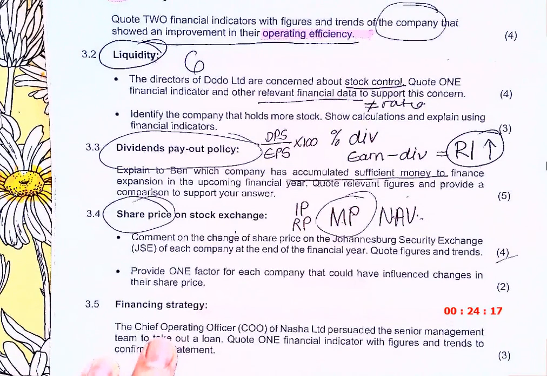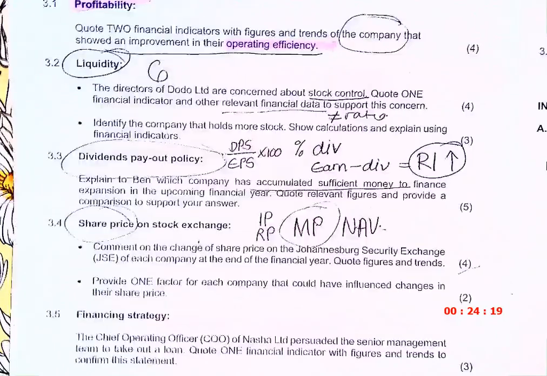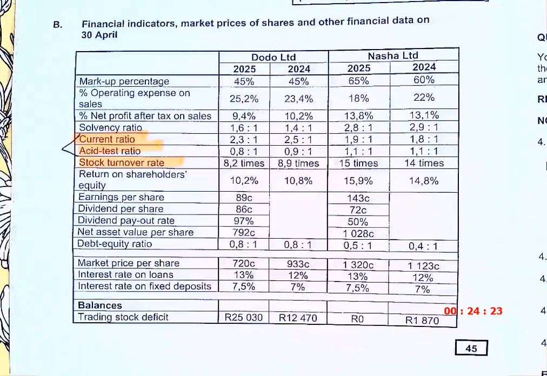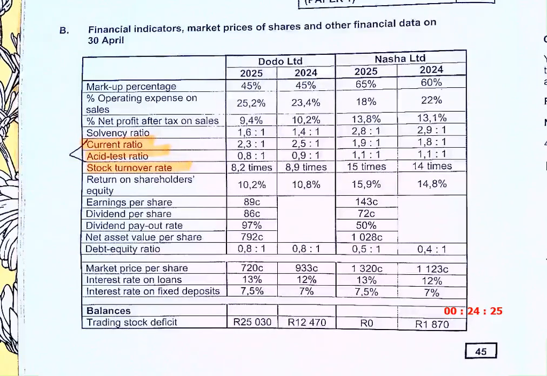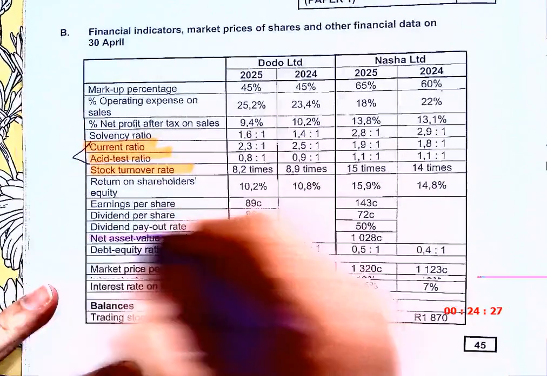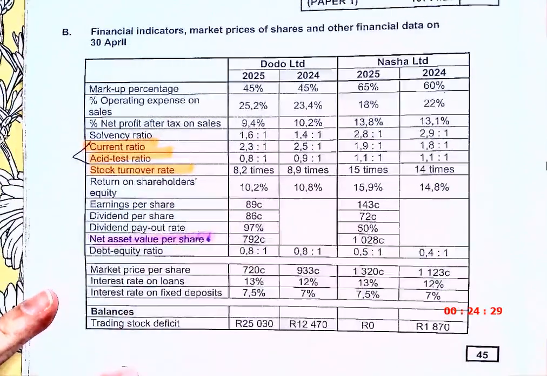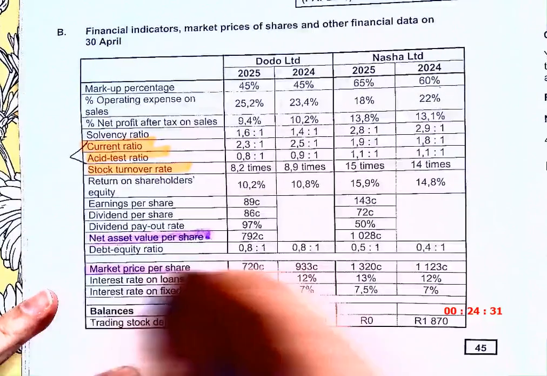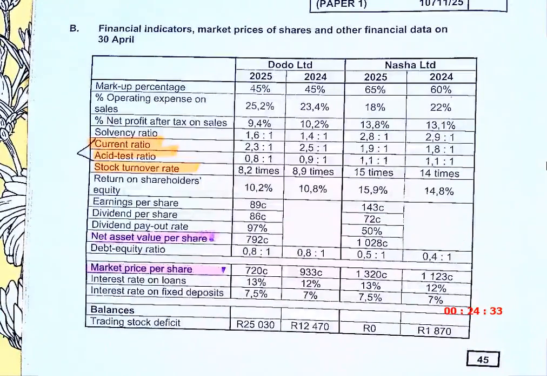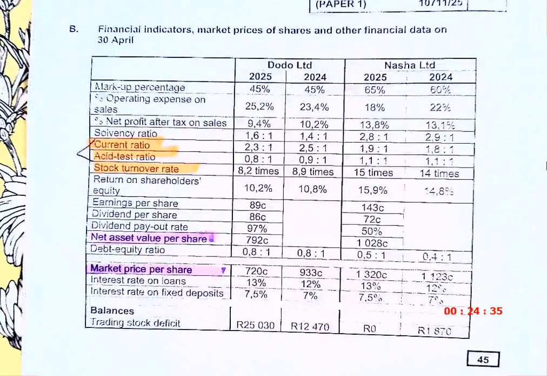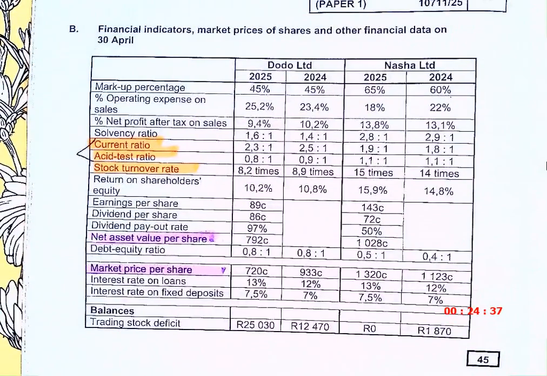Definitely not 4 marks. They want you to compare it. So what are they giving me? I see they are giving me the NAV. Can you see? And I see the market price. And they don't give me the issue price. Okay, they give me those two.